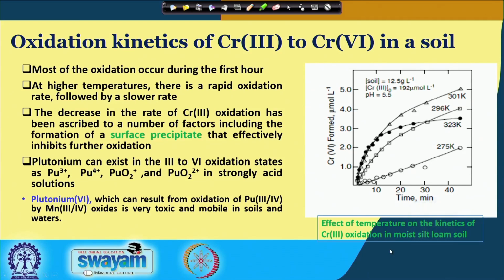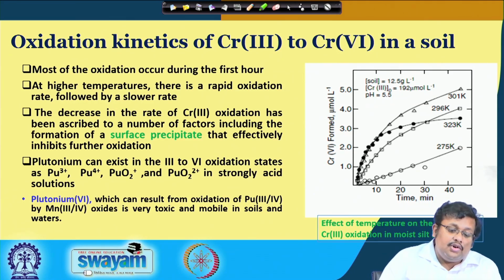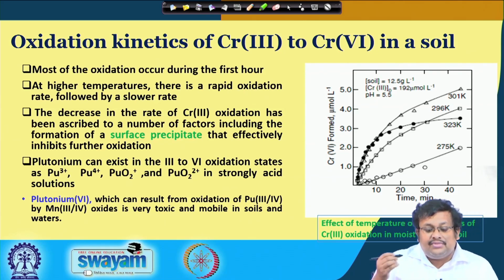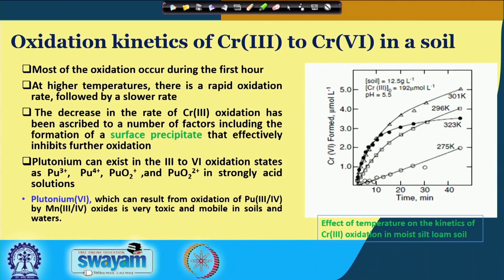You can also see the conversion of chromium 3 to chromium 6 happens in most of these reactions; basically, oxidation occurs in the first hour. At higher temperature there is a rapid oxidation rate followed by a slower rate, and the decrease in the rate of chromium 3 oxidation has been ascribed to a number of factors, including the formation of a surface precipitate that effectively inhibits further oxidation. Also, you can see that manganese can oxidize plutonium.